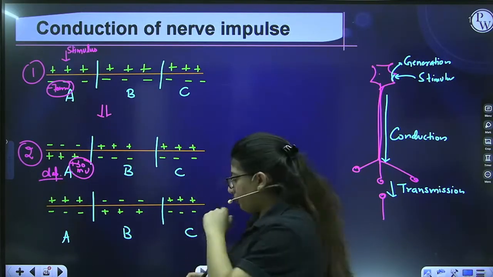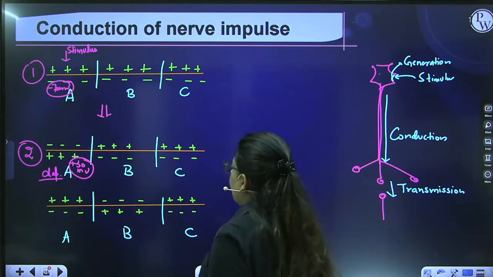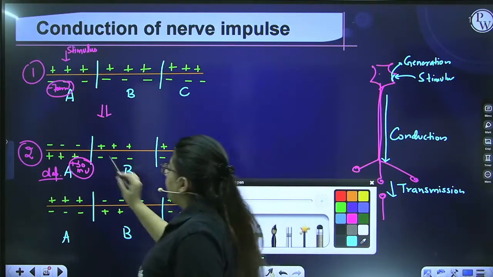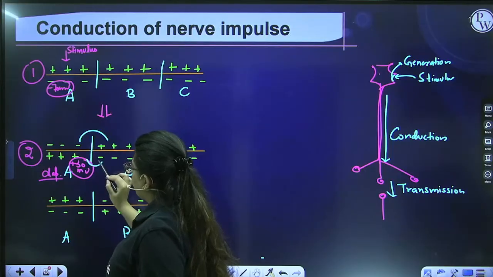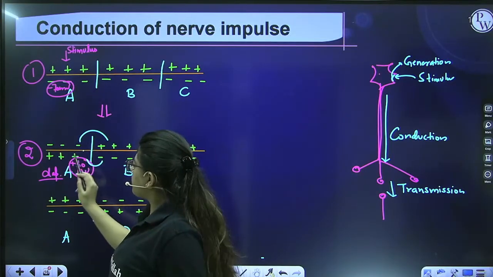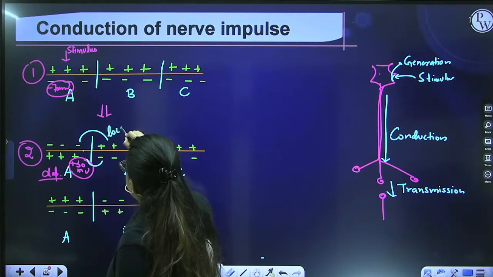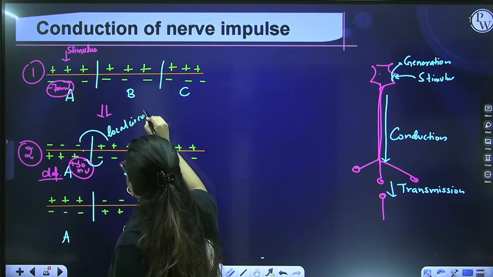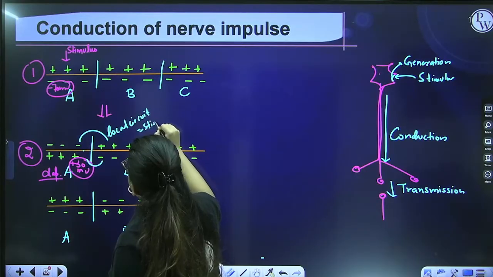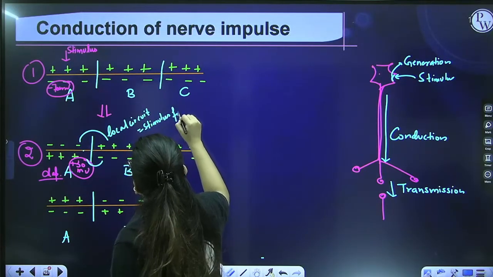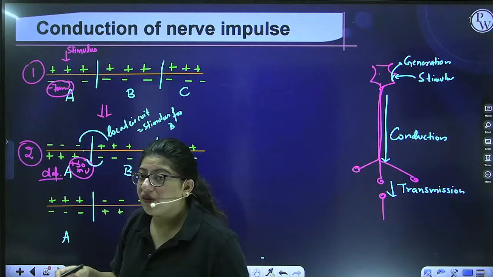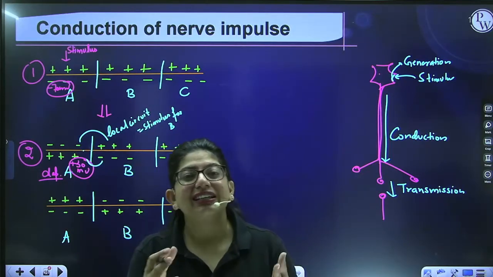Now, what will happen next? There is a charge difference. As you can see, this is negative, positive, positive, negative. This charge difference will create a local circuit, and this local circuit will act as a stimulus for B segment, right? Because for depolarization, definitely you need the stimulus.